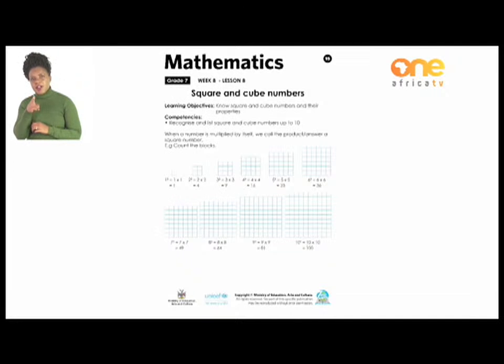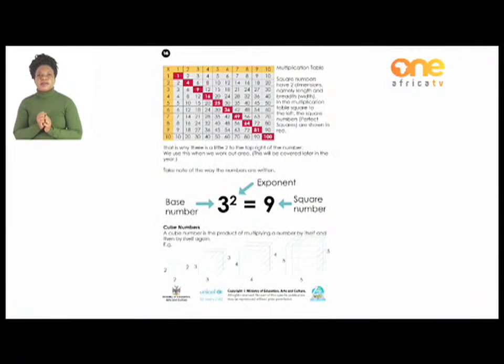Now we have to move to page 16. Page 16, there is a multiplication table whereby there are numbers which are colored in red, and blocks, and some which are yellow.